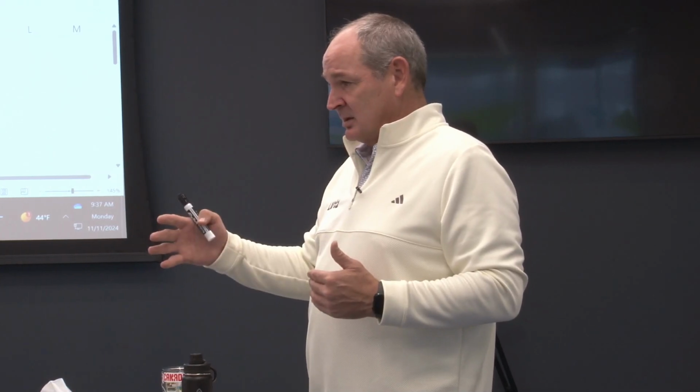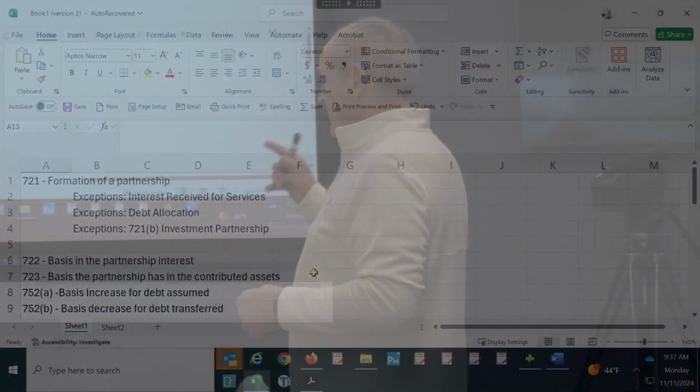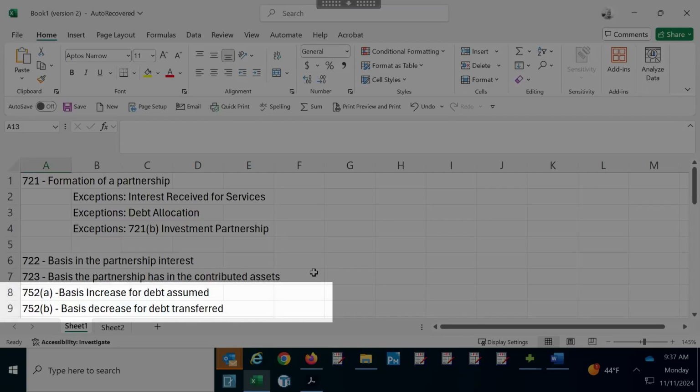It's as if you contributed cash to the entity. Now that piece of it I care a little bit less about. The only reason I say that it's a fictional cash contribution is because 752B is a decrease in capital as if it were cash distribution.